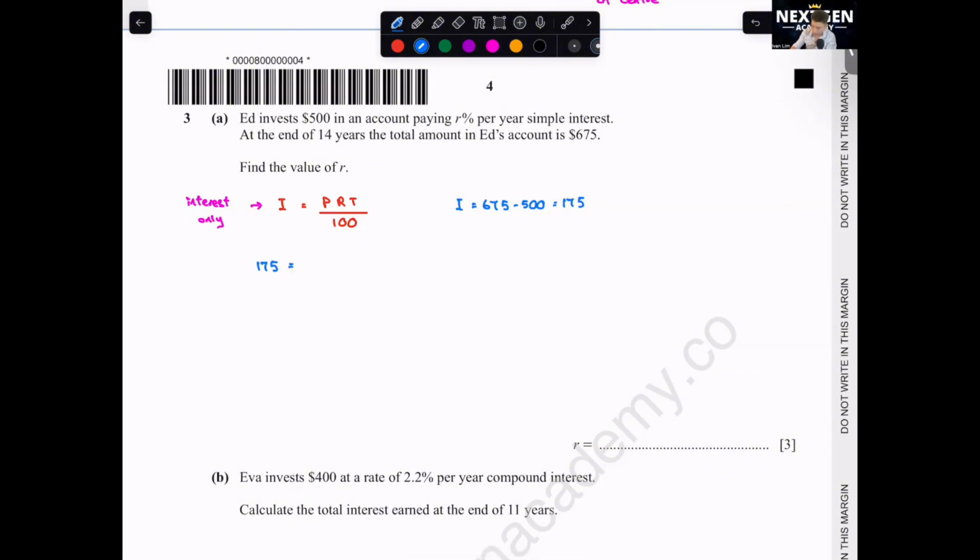Now we put in all the values: 175 equals P, your principal, which is your original value, 500, times R times 14 over 100. Rearrange: 175 times 100 over 500 times 14 equals R. Calculate this and we get 2.5.